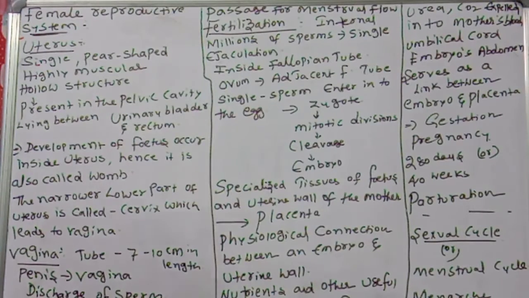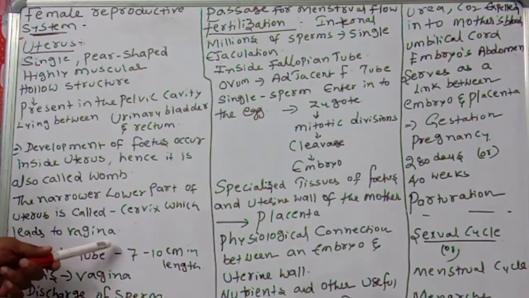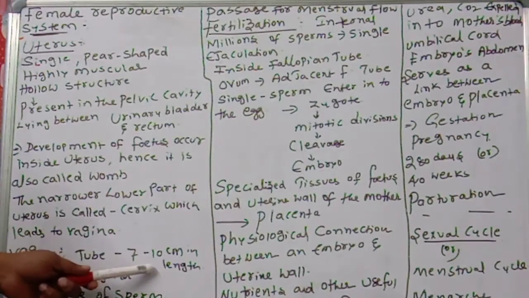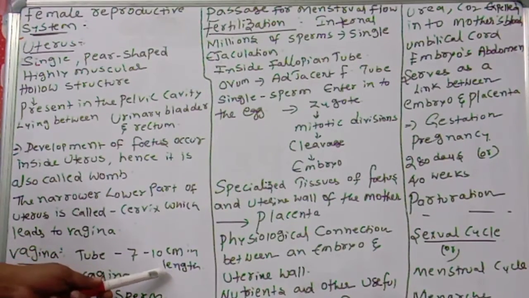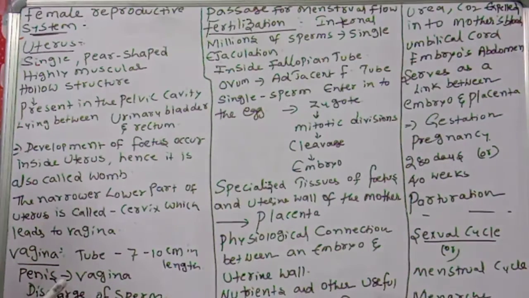Next, the vagina. It is a tube about 7 to 10 centimeters in length. During intercourse, the penis is inserted into the vagina for the discharge of the sperms. The vagina also acts as the birth canal for parturition, the process of fetus delivery.